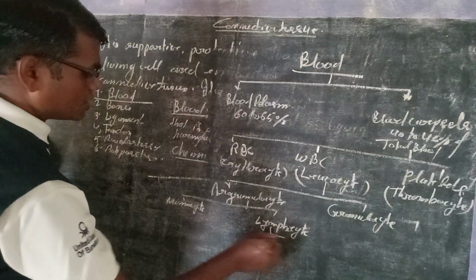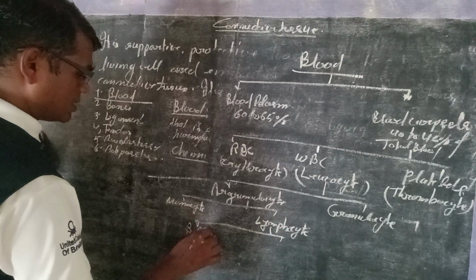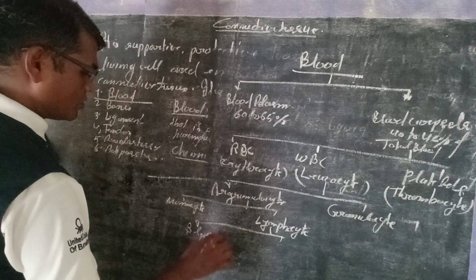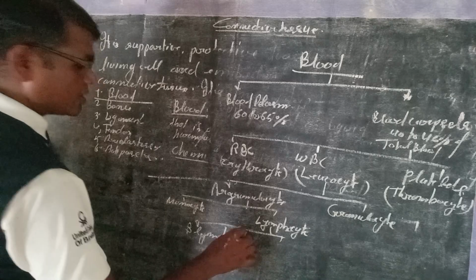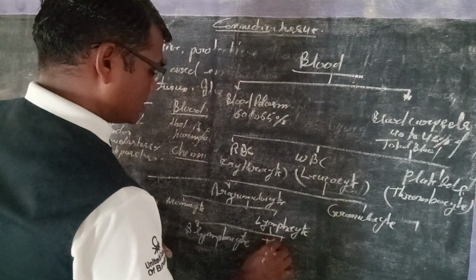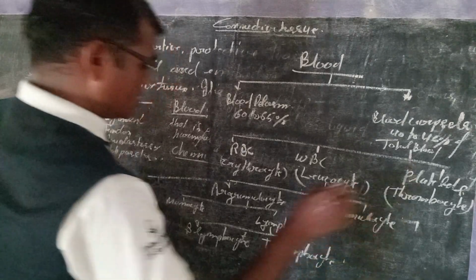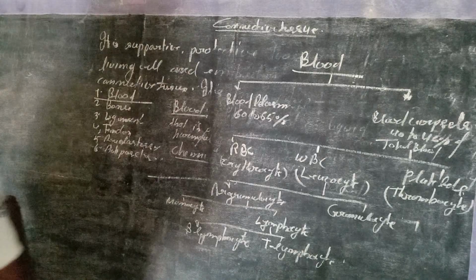Lymphocytes are further divided into two parts: B lymphocytes and T lymphocytes.